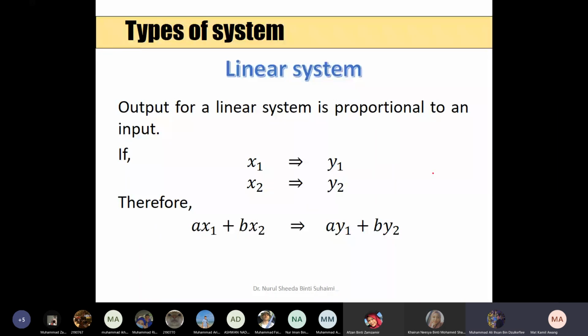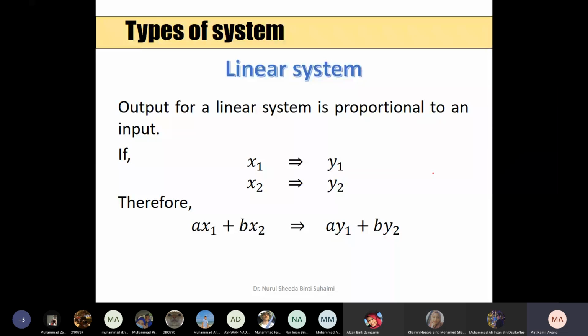A linear system is one where the output is proportional to the input. If you scale an input by A, the output is also scaled by A. If an input is scaled by B, the output is also scaled by B. You have a system with 2 inputs and 2 outputs.